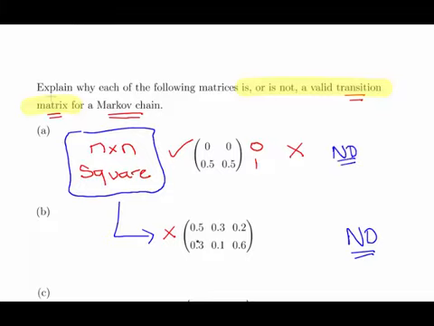Despite the fact that this is already disqualified as a valid transition matrix, let's just check that for this matrix here, just in case it actually does meet that particular criteria. That does add up to 1. Okay, and that also adds up to 1. Now it does meet that criteria. It still fails the first one, but it does meet the second one, that all of the row totals add up to 1. So let's move on.